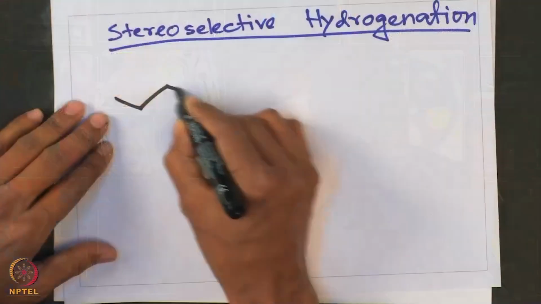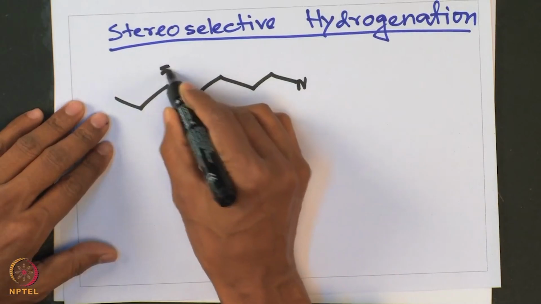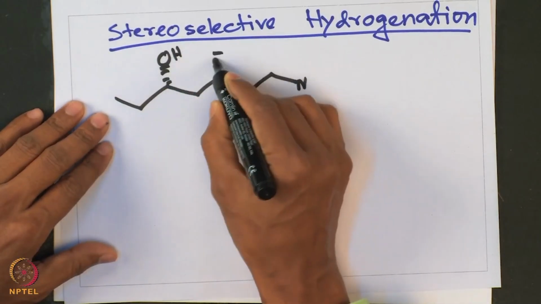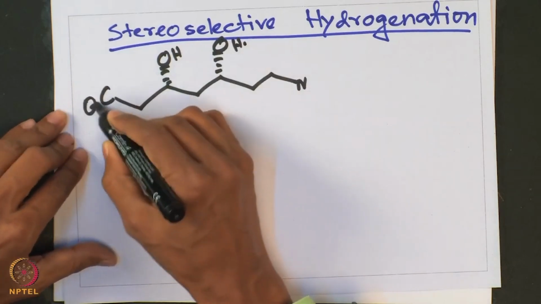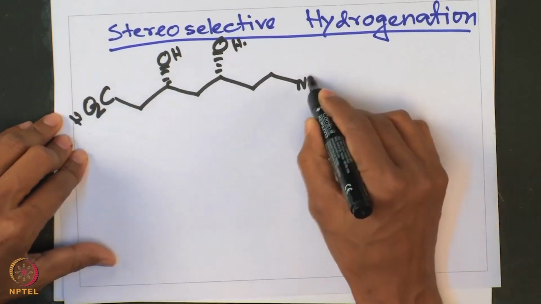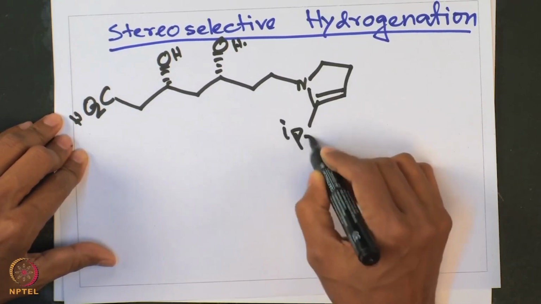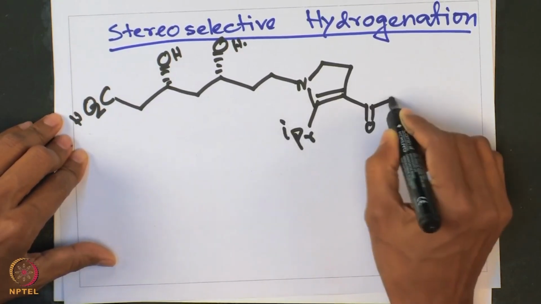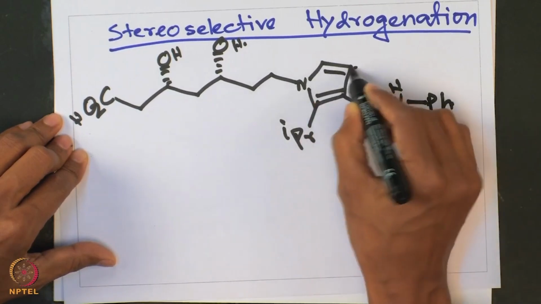So, the Lipitor. It has 2 stereogenic centers. It is a rather big molecule, as you can see.